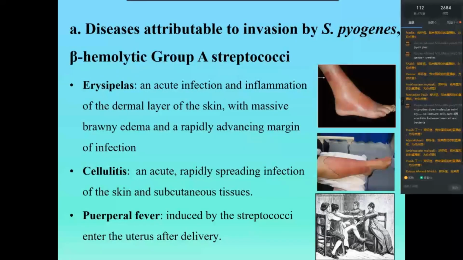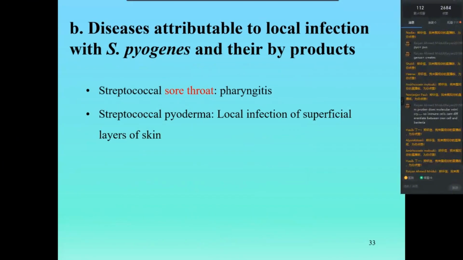Those epitopes can stimulate the immune system to respond and produce antibodies, and those antibodies will cross-react with components on the human tissue itself. That's kind of like the immune system attacking the host itself, so that will lead to different types of disease.